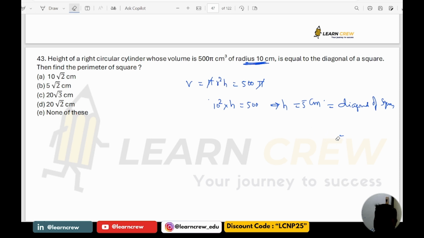When you know the diagonal is root 2 into A, root 2 into A is 5, so A would be 5 by root 2. Then the perimeter would be 4 into A, which is 4 into 5 by root 2, that is 2 root 2 into 5, which is 10 root 2. So 10 root 2 is the answer.